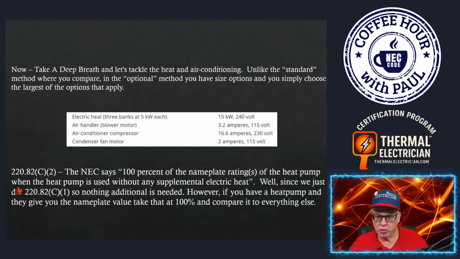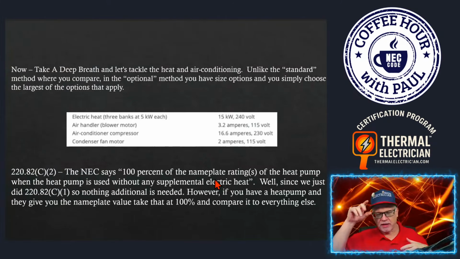So if it's just a heat pump and you're in areas in the country where there is no supplemental heat needed, maybe you're in a certain part of the country where it doesn't get below a certain temperature, then maybe it's just a heat pump for efficiency, and you don't need any supplemental heat strips, then you just take the nameplate value from the heat pump and you're going to compare that. Well, probably not going to have air conditioning if you have a heat pump. If you have a heat pump, you're going to go right to this one if you're in the area of the country where you don't need supplemental heat.